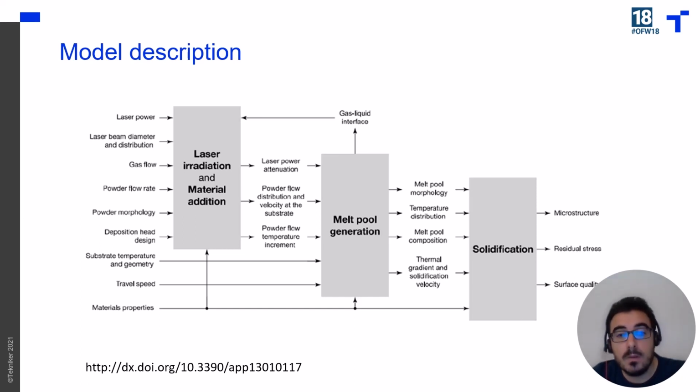The second block deals with melt pool generation, and the final block deals with solidification in order to predict microstructure, residual stresses, and also sometimes the surface roughness. In our case, we will be dealing with the first block. That is, we are interested in obtaining as outputs the laser power, which is attenuated by the powder cloud, also the distribution of the powder, and the increase of temperature in the powder.